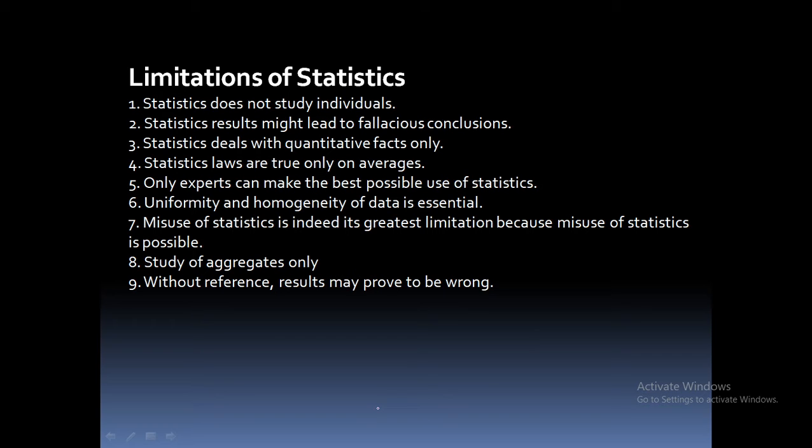Only experts can make the best possible use of statistics. Uniformity and homogeneity of data is essential. Misuse of statistics is indeed its greatest limitation because misuse of statistics is possible. Study of aggregates only. Without reference, results may prove to be wrong.